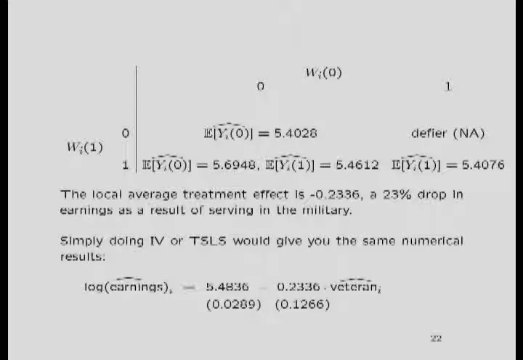So there are no defiers. We got the average outcome for always takers and never takers directly from two of the cells. We disentangle the mixture, and we get the average outcome for compliers under the two different levels of the treatment, with the difference equal to minus 23%. And you would have gotten this number directly by just doing two-stage least squares.